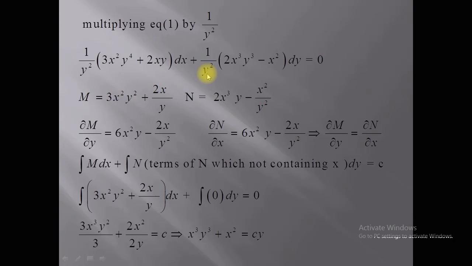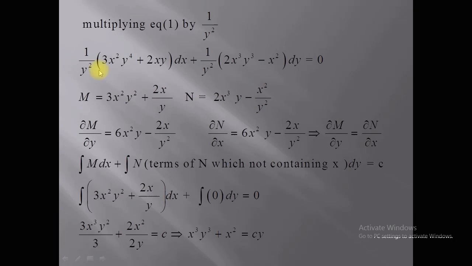Now multiplying 1 over y square to the N function, we get 2x cube y cube divided by y square, so we get 2x cube y, and minus x square divided by y square. Now this is the new N function.